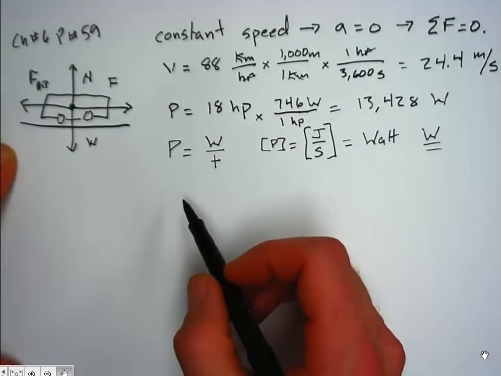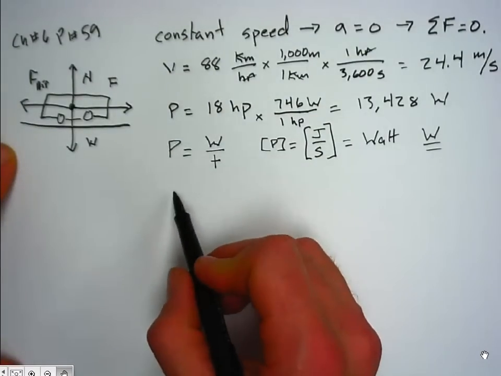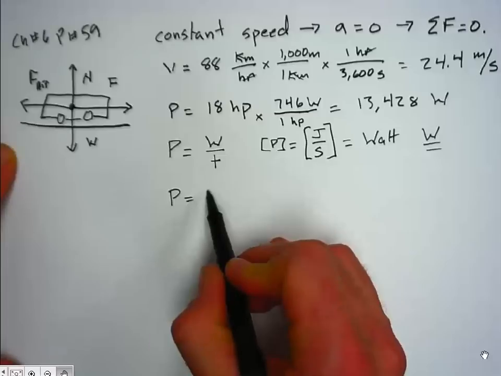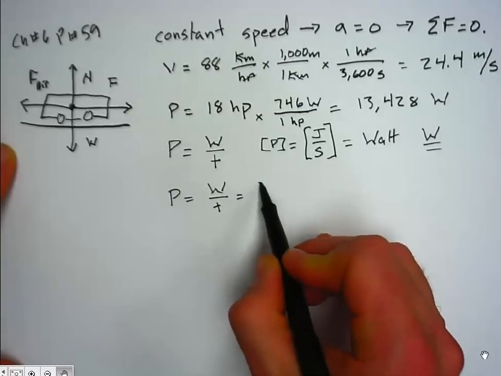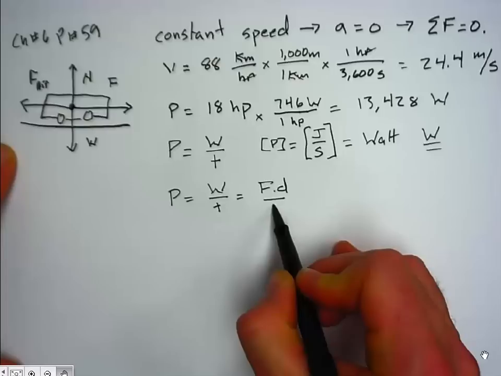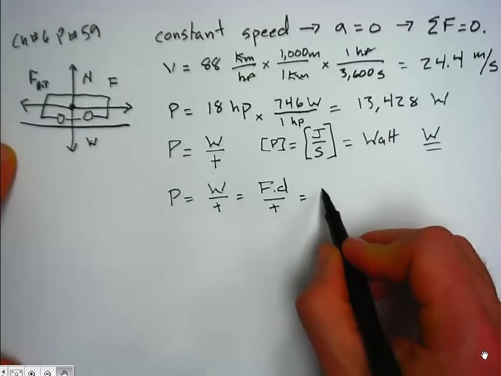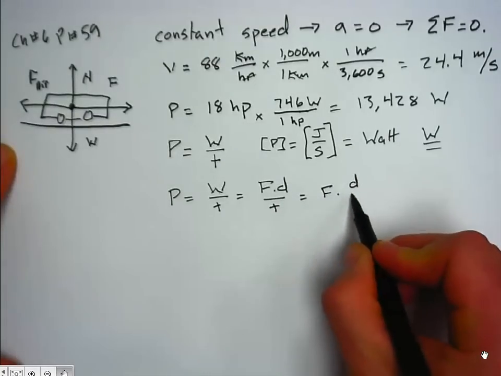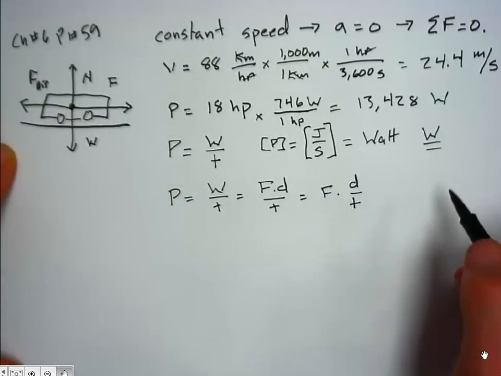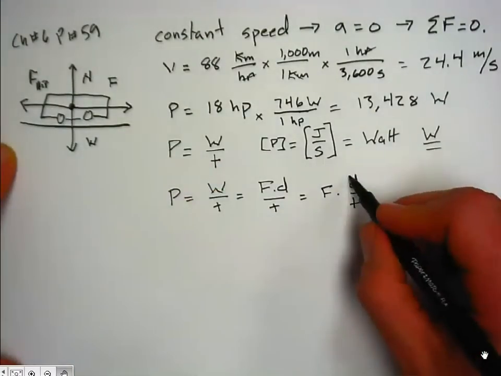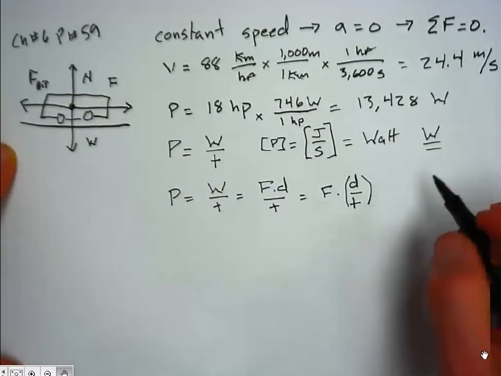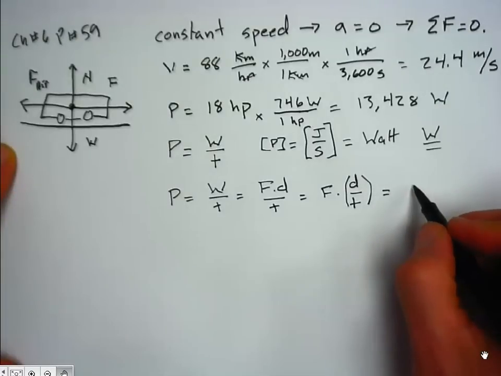Okay, so let's figure out our power here. Power is work divided by time, but work is force times distance, so power is force times distance over time. Well, if you're going in a nice straight line at a nice constant speed, what is distance over time? That is just your speed, right?